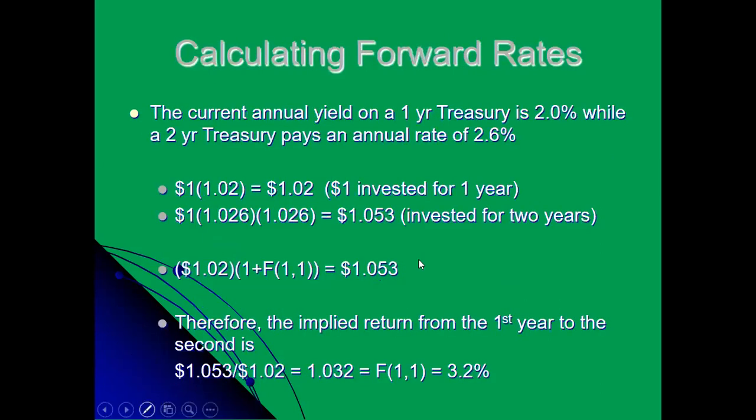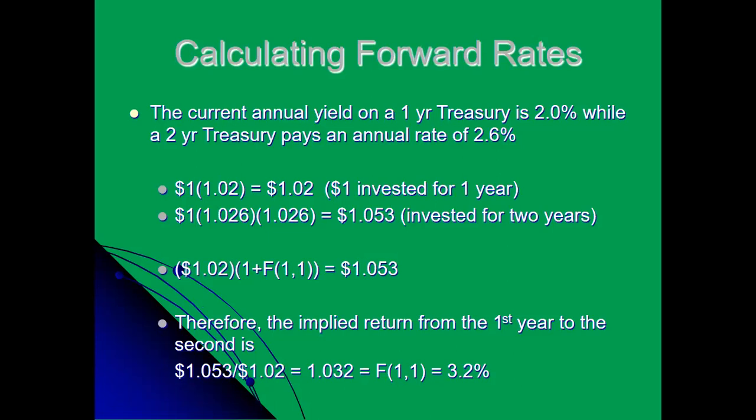For calculating forward rates, for example, the current annual yield on a 1-year treasury is 2%, while a 2-year treasury pays an annual rate of 2.6%. So for the $1 investment for 1 year, basically that's just going to be $1. We are assuming here we have $1 as our principal, multiplied by 1 plus i, and the i is 2% or 0.02.